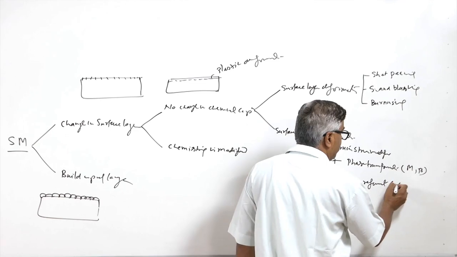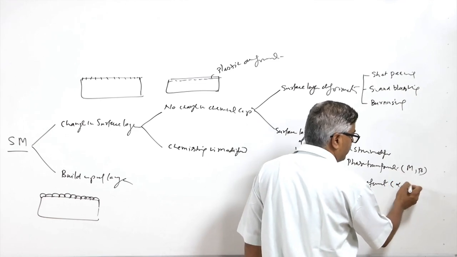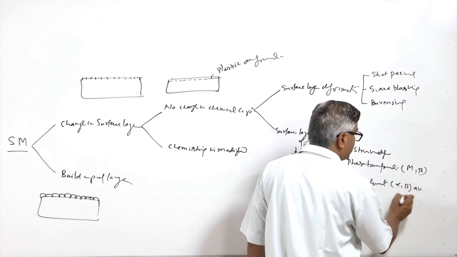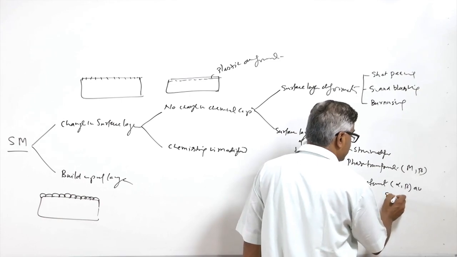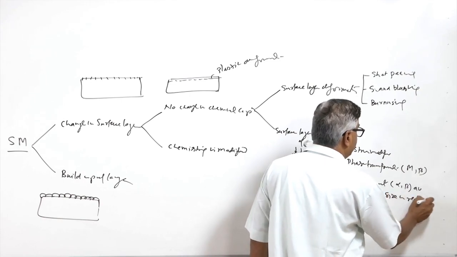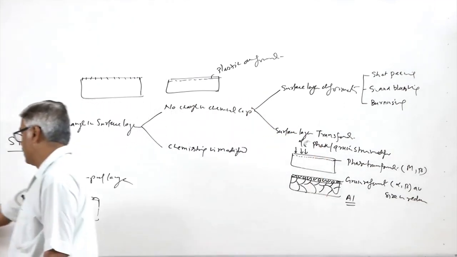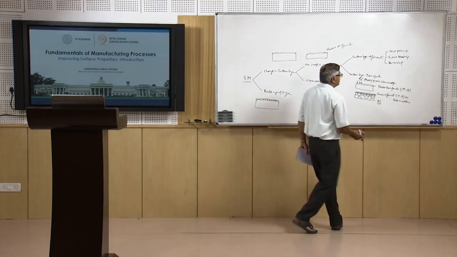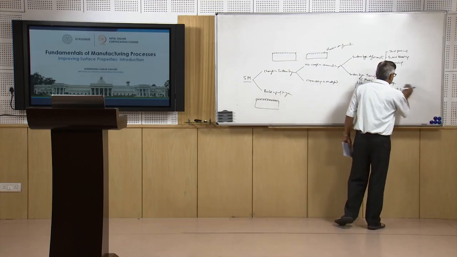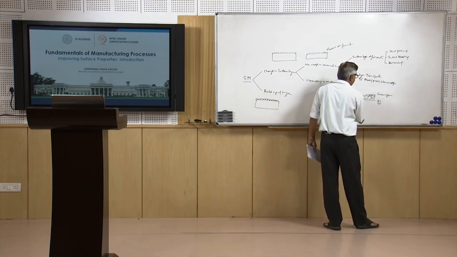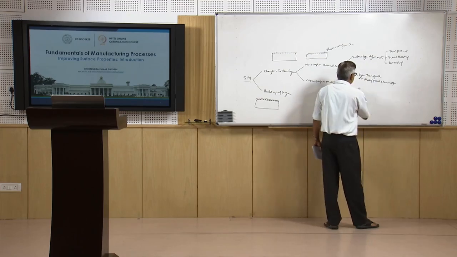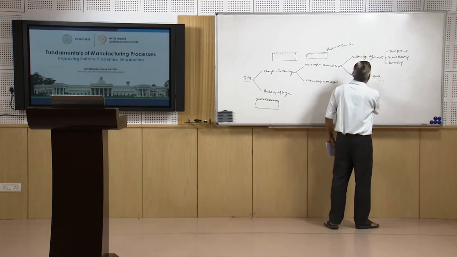So here maybe alpha, beta or whatever phases are present, their average size is reduced in these methods. In this category there are a few methods which use the phase transformation or the grain refinement without change in chemical composition.